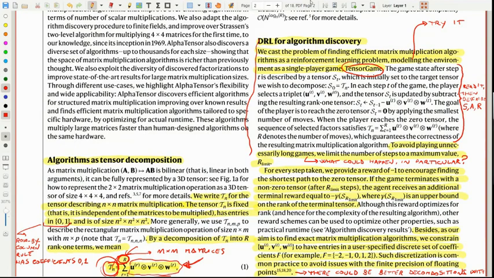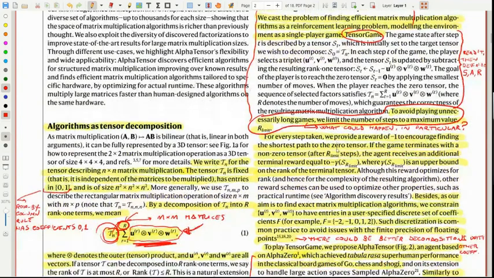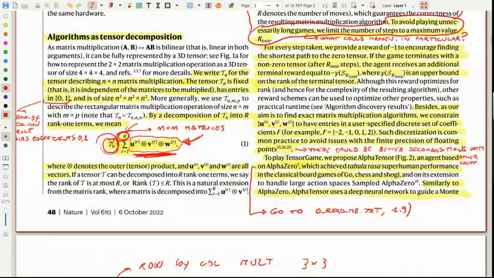So the first trick you should use is to avoid unnecessarily long games. And so you just put an upper bound on the length of the total game. Okay, now here there are described several things. The first thing that you should keep in mind is this one. We are not really choosing vectors in R9, as it would be for a 3x3 matrix multiplication algorithm.